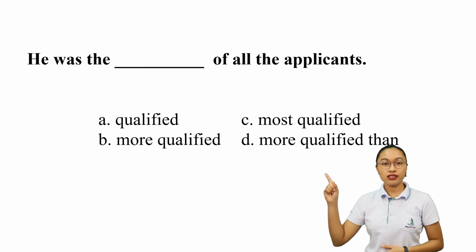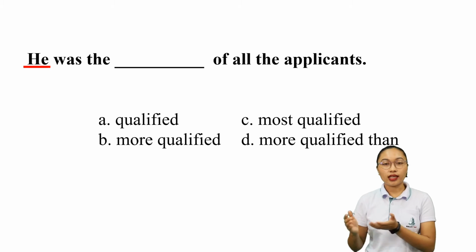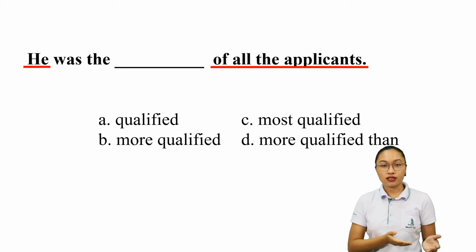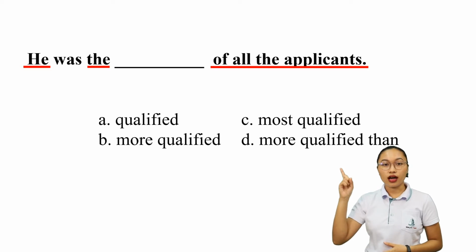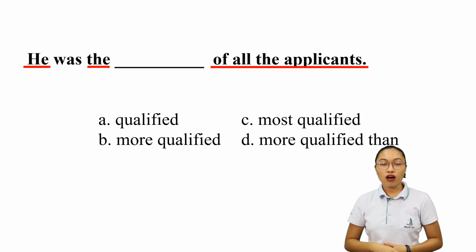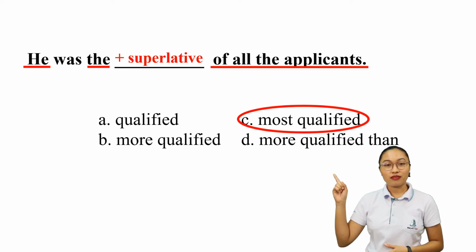A. Qualified, B. More qualified, C. Most qualified, or D. More qualified than. We are comparing he to all the applicants, or a group of people. Also, there's an article, the, before the blank. So obviously, we need a superlative adjective. And the answer is letter C, most qualified.